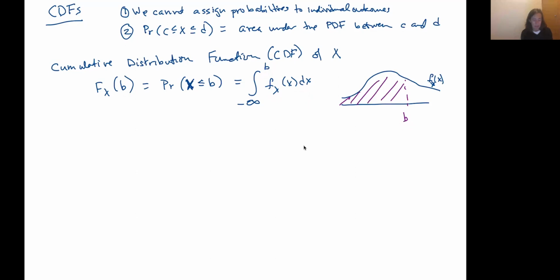I like to use, and I'm not the only person who does this, a different letter, B, here as the argument of the CDF, because it's helpful to me when I'm working through the details to keep straight the value of x whose probability we want, and the fact that x is the variable that we are integrating with respect to. You don't have to do it that way. If you want to use x in both places, you can, but then if you are evaluating the definite integral, you find yourself saying things like, let x go from x to 0, and that's too many x's for me.